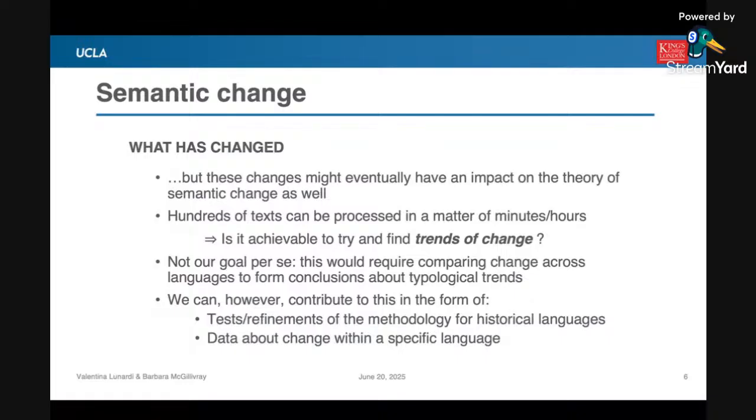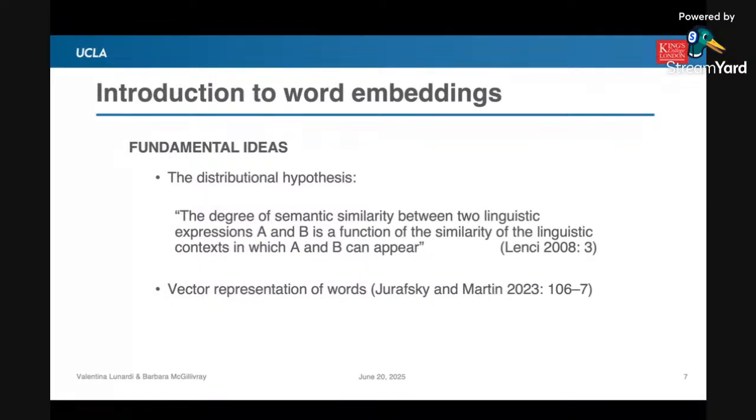And we'll focus today on, obviously, word embeddings. As you know, that's in the title. That's the method that we're looking at today for detecting semantic change. For those who are not familiar with word embeddings, the fundamental ideas behind them are as follows. On the one hand, we've got the distributional hypothesis, which is an offshoot of what's known as distributional semantics. It was very popular in the 50s, and then was eventually supplanted by formal semantics.